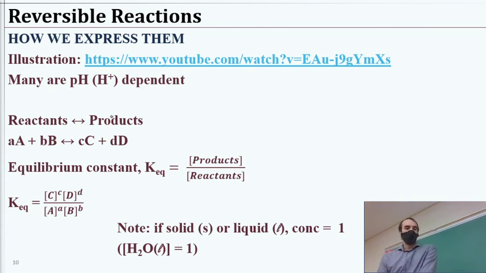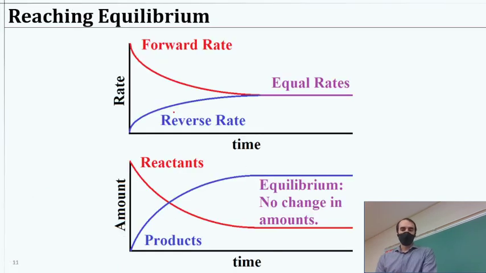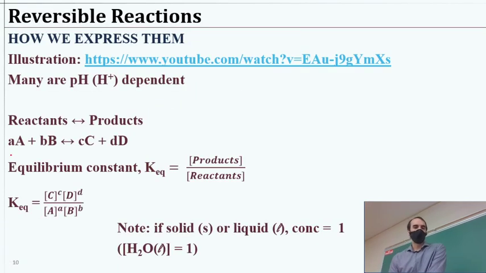So if we have a chemical equation written out like this, where we have lowercase a as the number of moles of chemical A, plus b moles of B, in equilibrium with c moles of C and d moles of D, then the way we can write that, we'll say the K_eq, uppercase K for the equilibrium, is going to be the products over the reactants, and you'll notice these are in brackets.